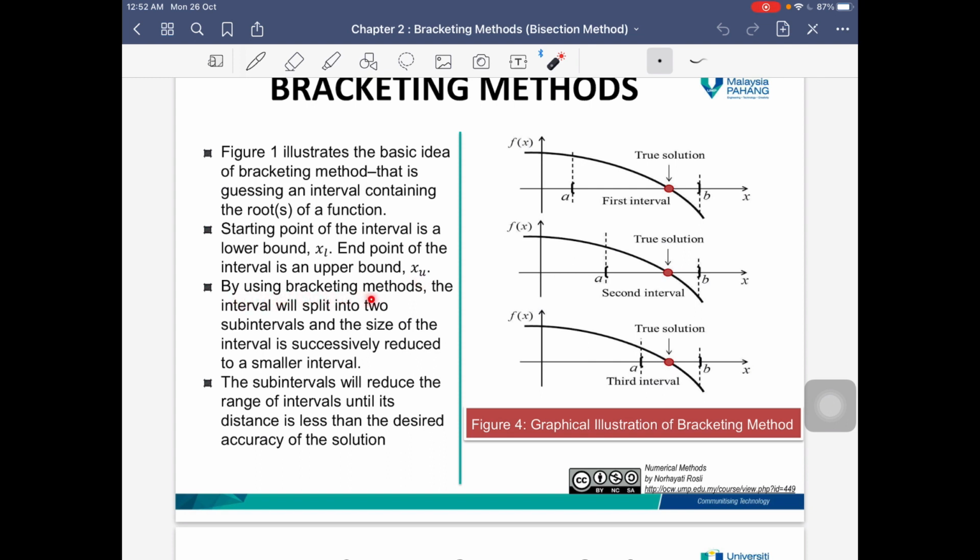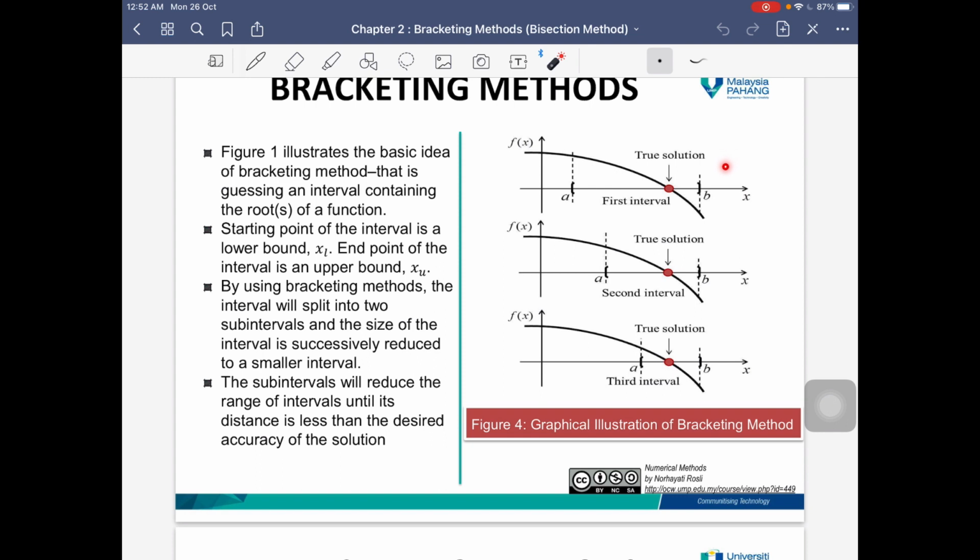By using bracketing methods, the interval will split into two subintervals, and the size of the interval is successively reduced to a smaller interval. The subintervals will reduce the range of the intervals until its distance is less than the desired accuracy of the solution.